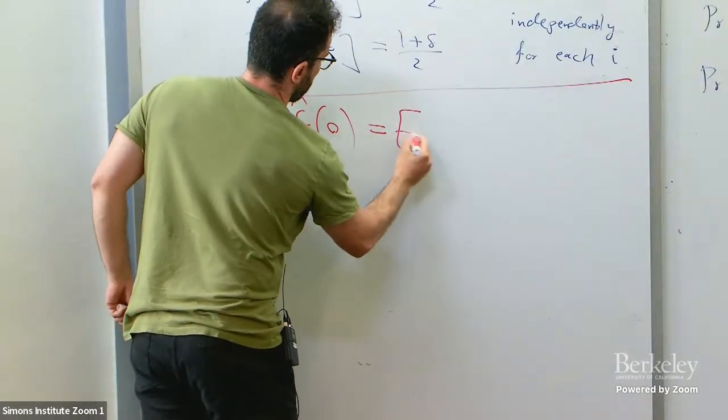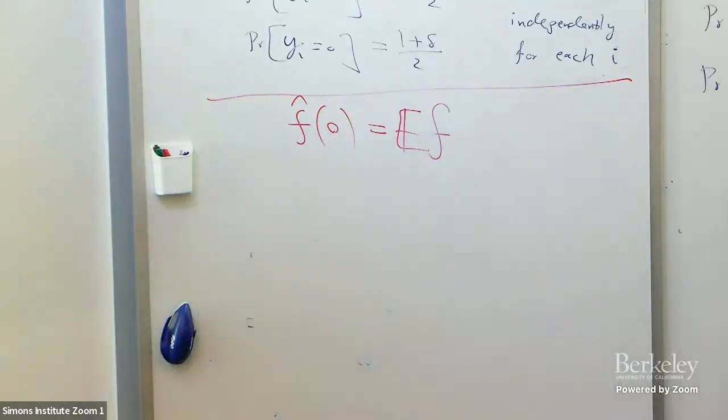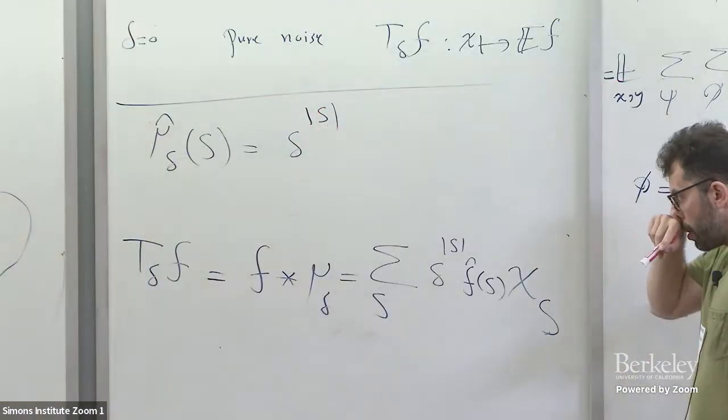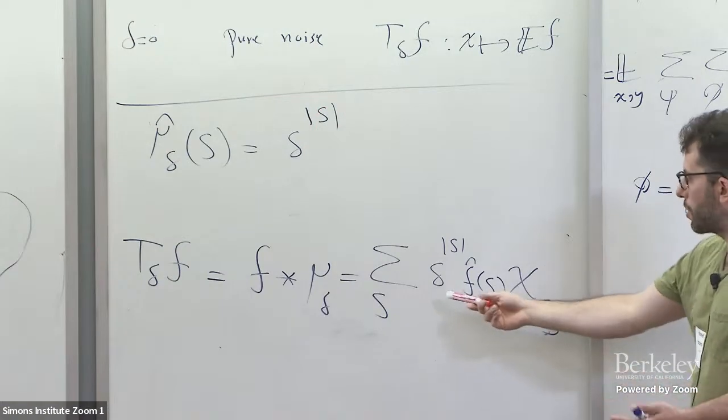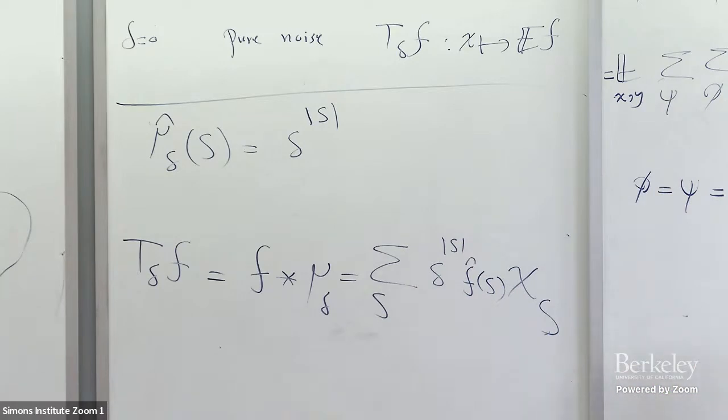So the average of f is captured by just one Fourier coefficient. And here you see when delta is 0, all the Fourier coefficients become 0 except that one. So we only keep the basic part of f.